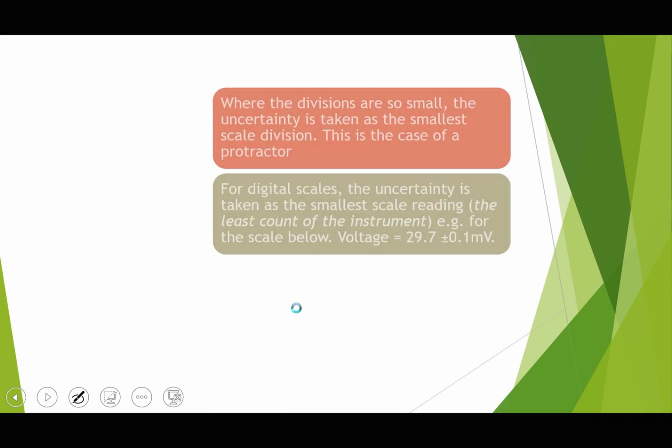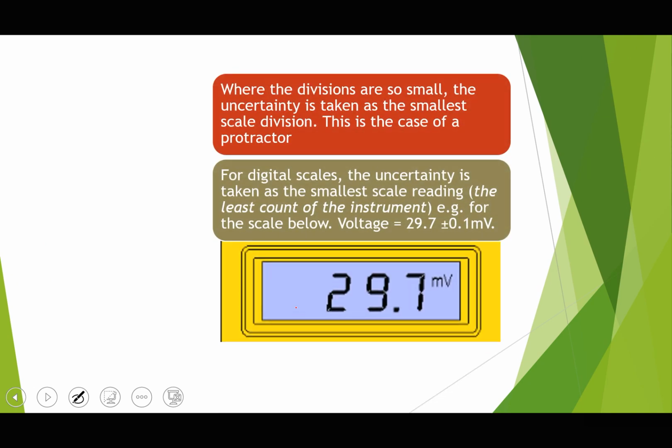For digital instruments, such as this one, here I have a simple demonstration of a millivoltmeter. It is reading 29.7. This last digit is to one decimal place, and it will give me a picture of the smallest value which this instrument can read. And remember, the smallest value, we call it the least count. So the last digit is to one decimal place.